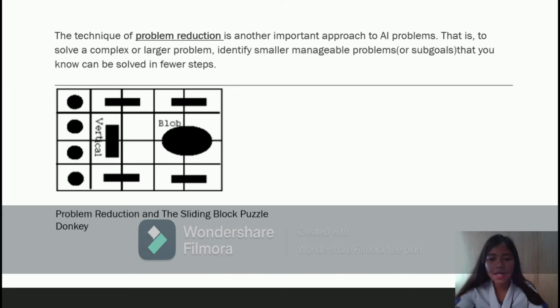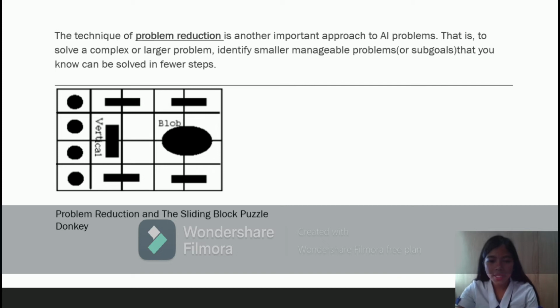The horizontal bars can move to any empty square to the left or right of them, or up or down if there are 2 empty spaces above or below them. Likewise, the circles can move to any empty space around them in a horizontal or vertical line.